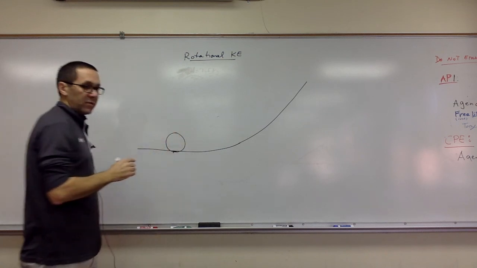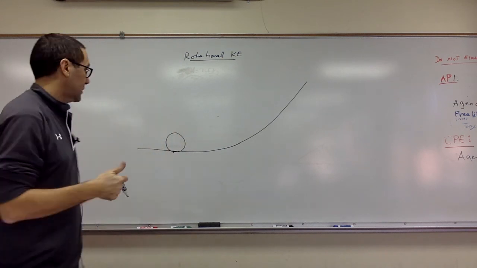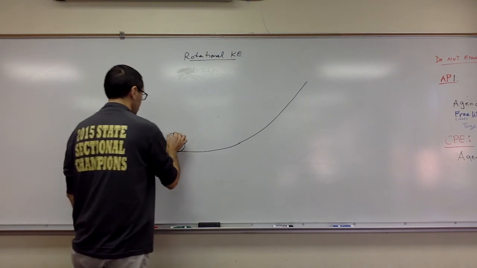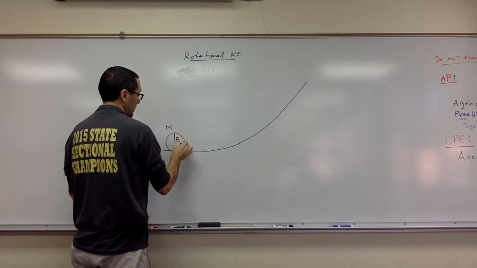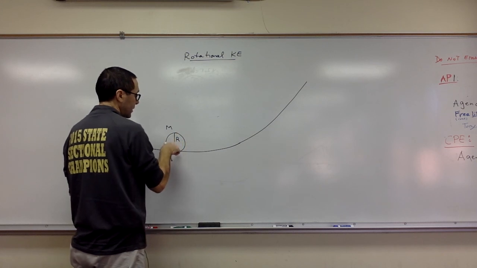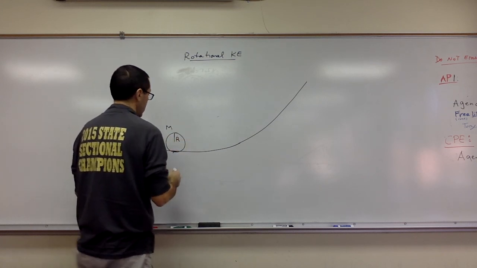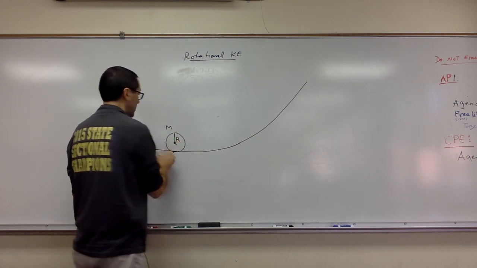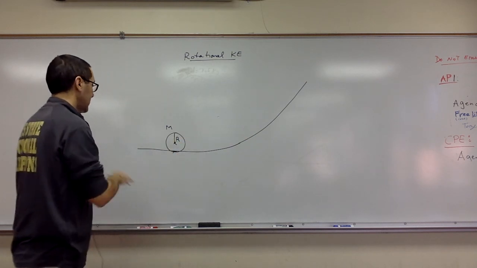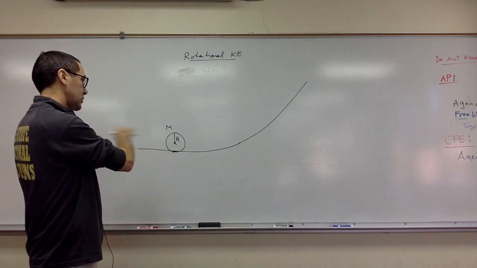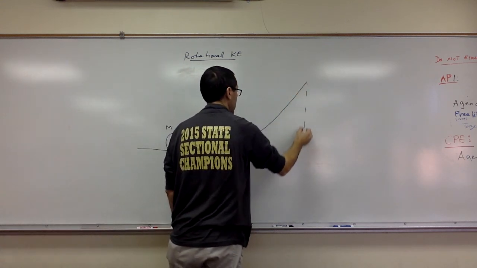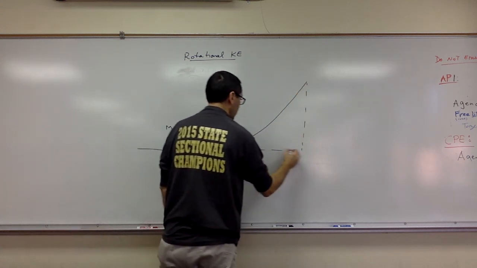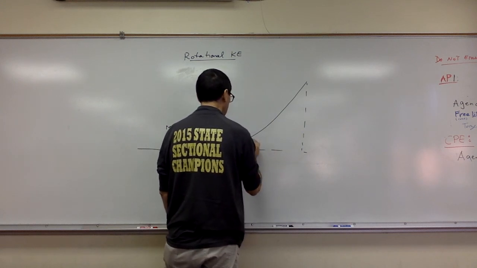We're going to find out that the mass doesn't matter and the radius of that sphere doesn't matter. So I'm just going to call it R, and give it a mass M. Initially it's rotating, and its center of mass is just sliding; it never changes height. We're going to try to figure out how high it's going to go up this ramp if the angle here is 30 degrees.